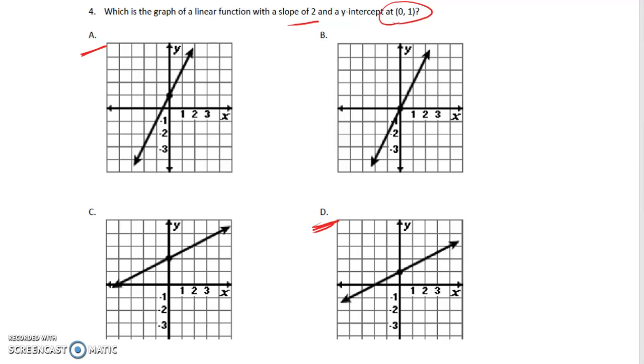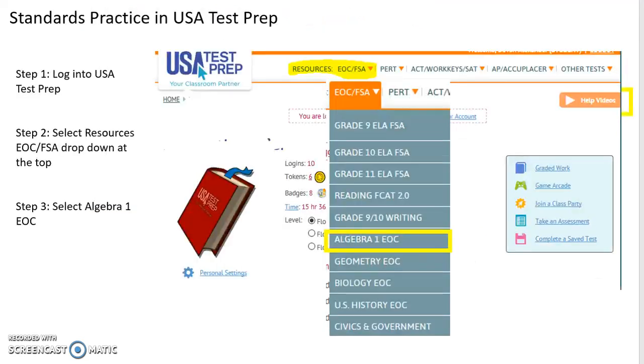Well, that slope of 2 would be A. I'd be rising 2, running 1. If you said D, you've got your rise and your run maybe a little bit off. This would be a rise of 2, a run of 3. So this would be 2/3. So there you have it. A is your answer.